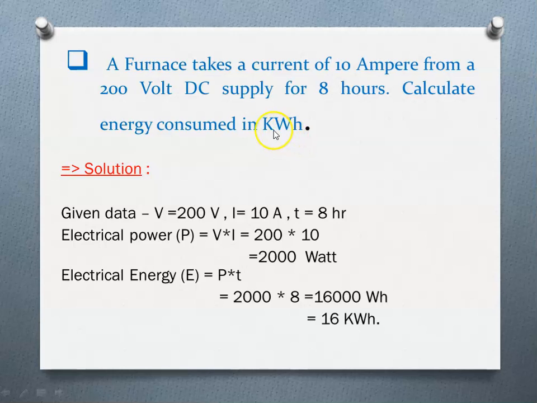We have to calculate the energy in kWh, so converting 16,000 watt hour to 16 kWh, because 1 kWh equals 1000 watt hour. This is the energy consumed by this furnace.